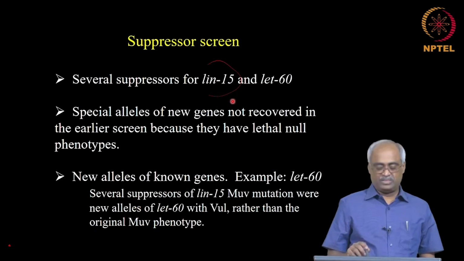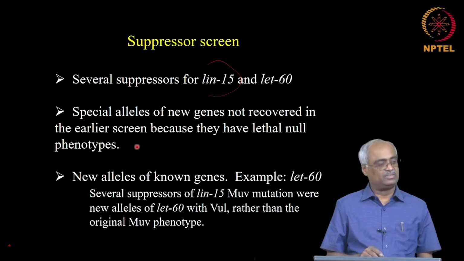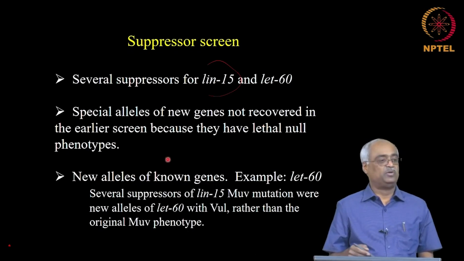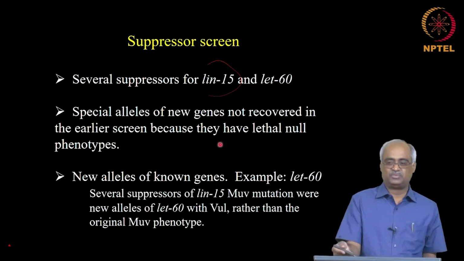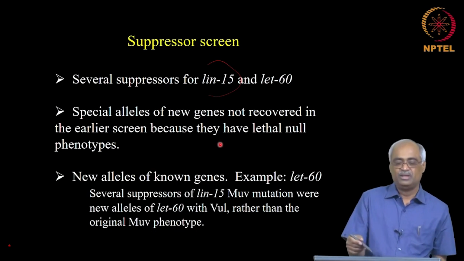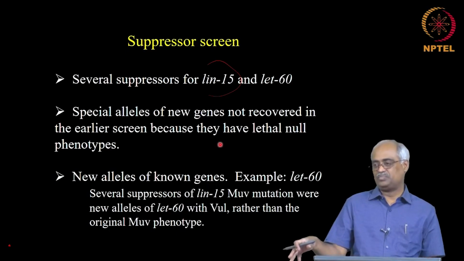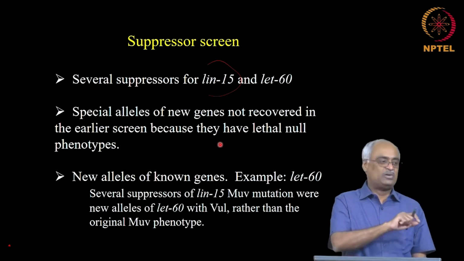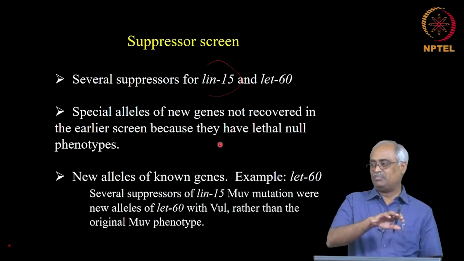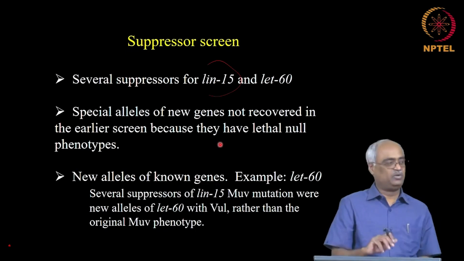So, there were several suppressors of these two multi-vulva things; let60 was gain of function multi-vulva. Special alleles of new genes, not recovered in earlier screens because they were lethal or null phenotype, you now recover. Okay. Like people in our lab know this, because this is the only kind of screen we have done, and we found a lot of alleles where a total loss of function would be lethal, and a specific partial loss of function would have allowed its function during early development, and then in a specific situation you find the defect, particularly in the background of another mutation.